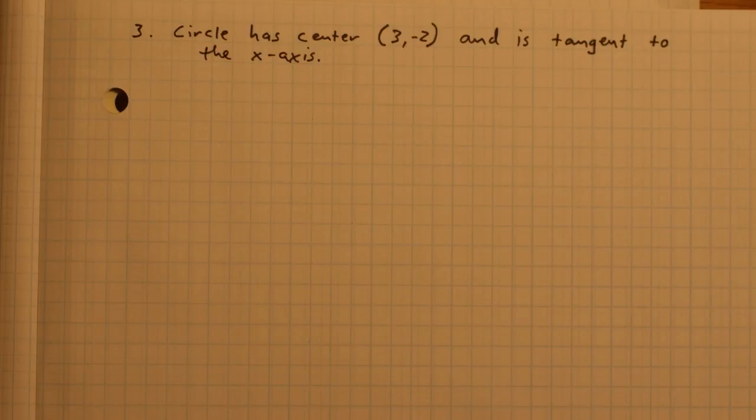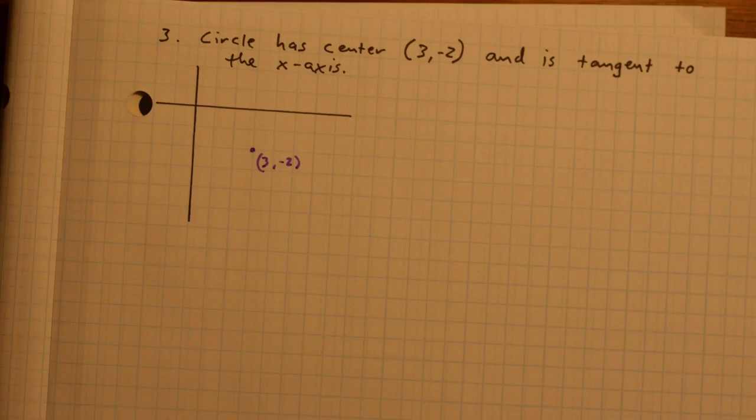For another example, let's say the circle has a center at (3, -2), and then we learn that the circle is tangent to the x-axis. Remember, tangent means the circle touches the x-axis in only one point. And so this problem might seem difficult, but it's actually pretty straightforward.